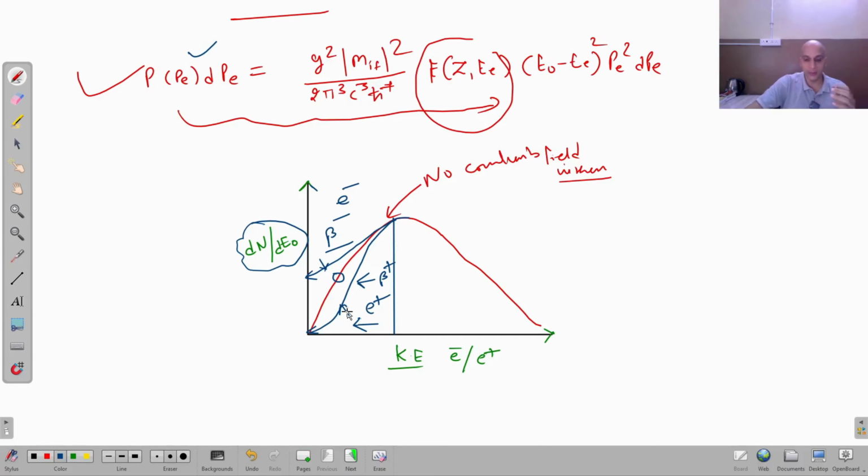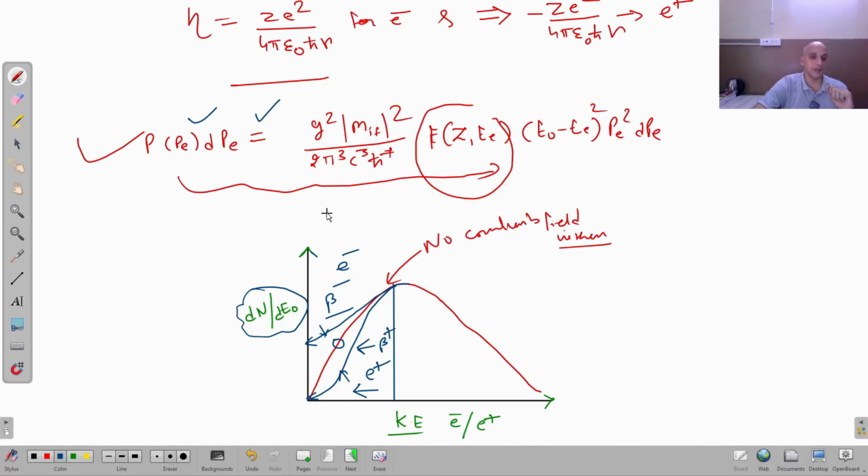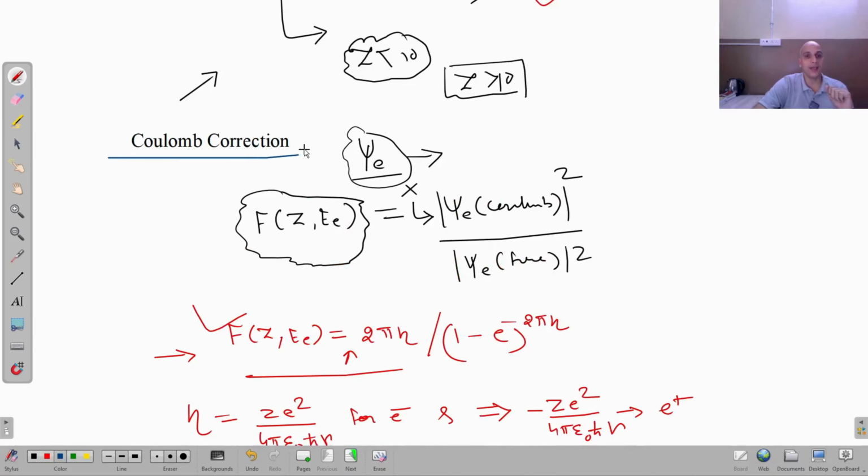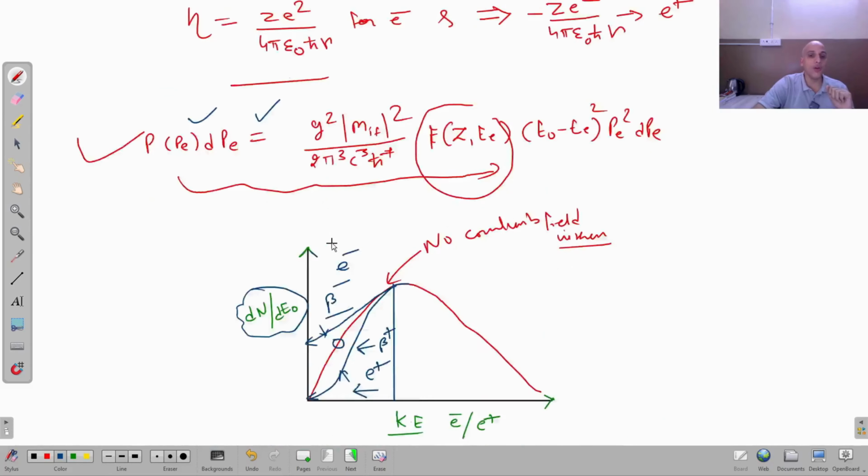So we are observing fewer positron particles in the low energy states, and more electron particles in the low energy states. So this is the meaning of this entire mathematics and the Coulomb correction, which is very important in the low energy range.